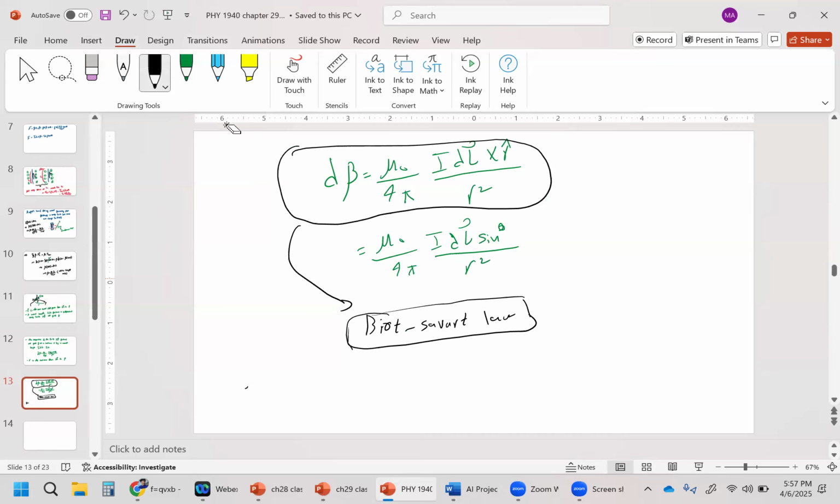This is going to be used to calculate the strength of the magnetic field in a current carrying wire.